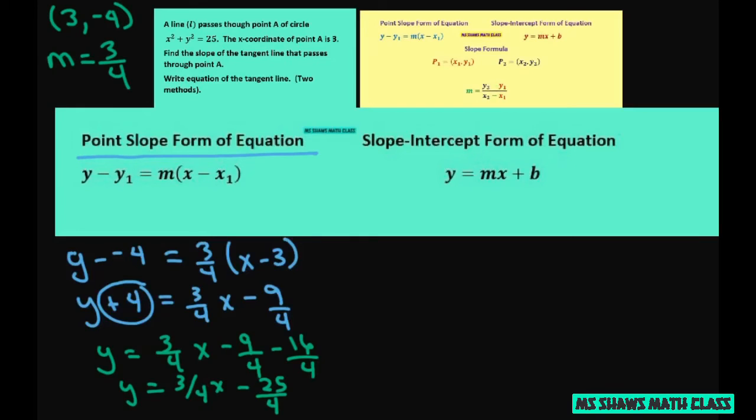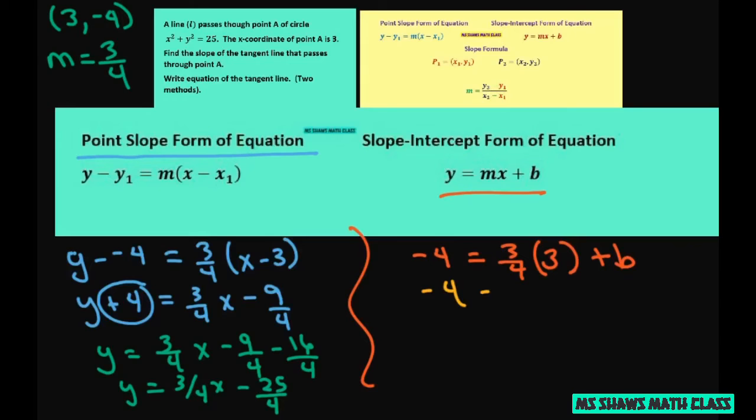Okay, now let's do this form in case you like this form better. So y is -4. Your slope is 3/4. Substitute your x is 3 plus b, and we're solving for b. So we get -4 equals 9/4 plus b. I'm going to go ahead and change this to -16/4.